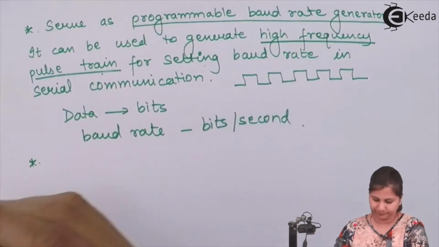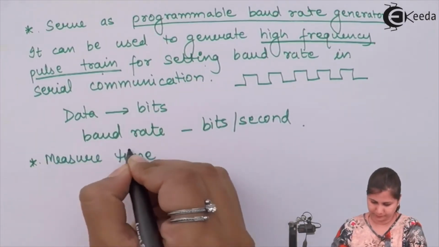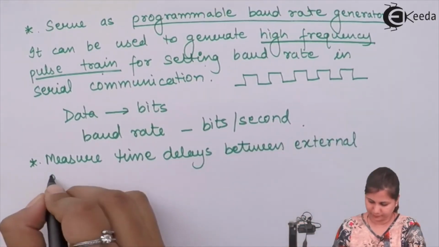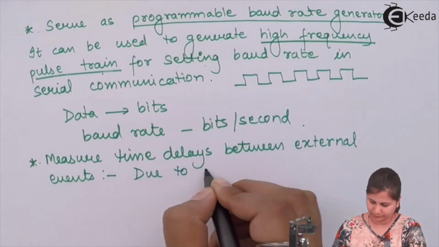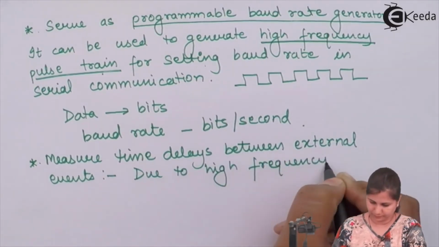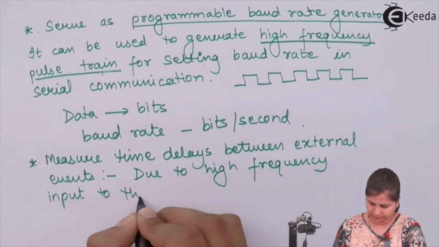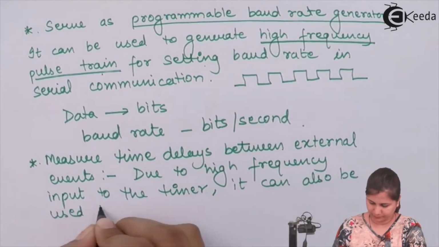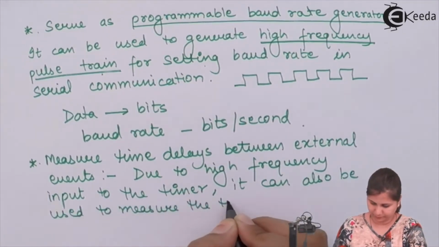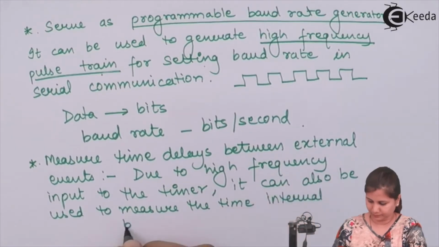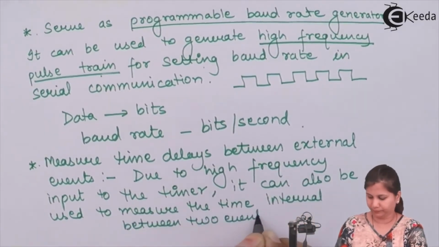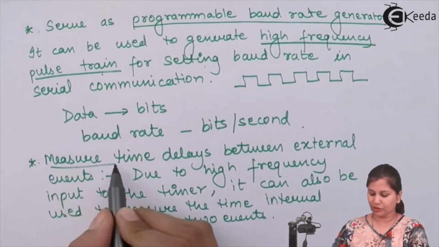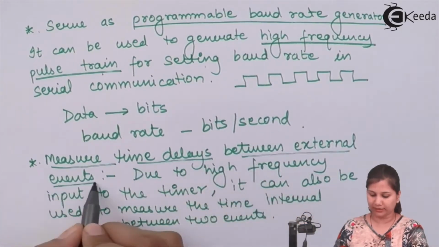Next, the fourth application of 8253 is that it can be used to measure the time delays between external events.